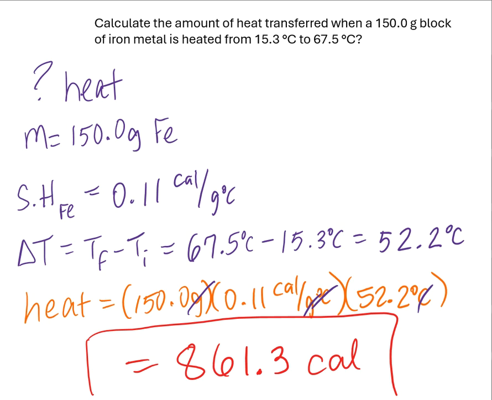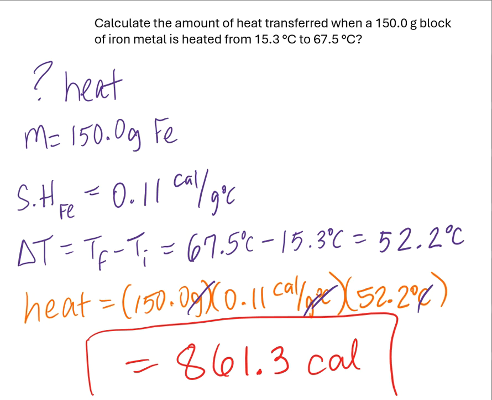We can also look at the value of our heat calculation. A positive value indicates that heat was absorbed or heat was added. A negative value indicates that heat was released or it was removed. Your delta T is what will dictate whether or not your heat value is positive or negative. Again, because we're moving up to a higher temperature, we have to add heat.